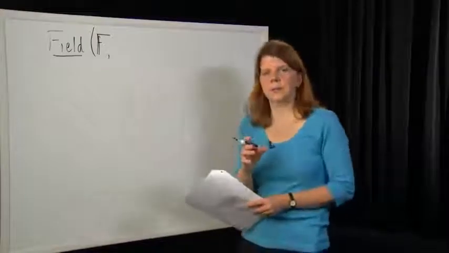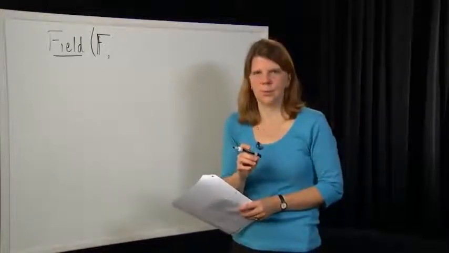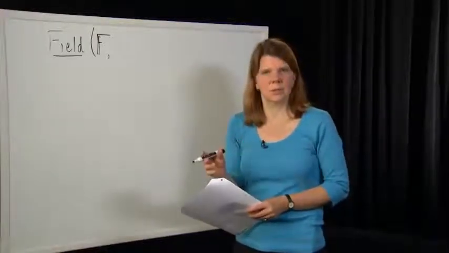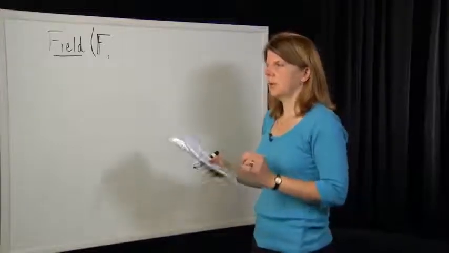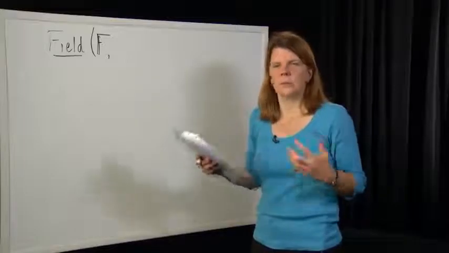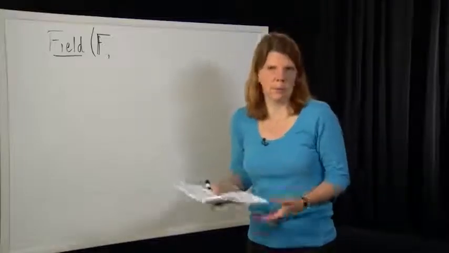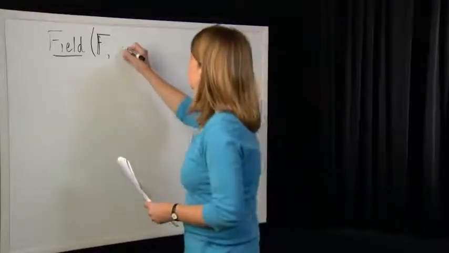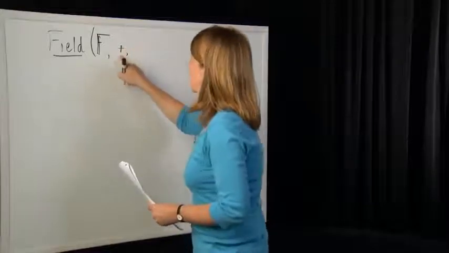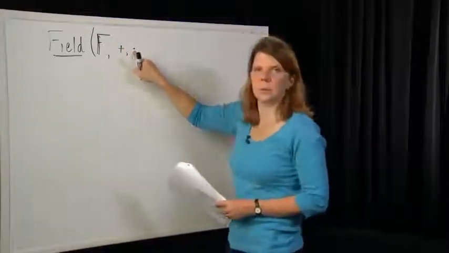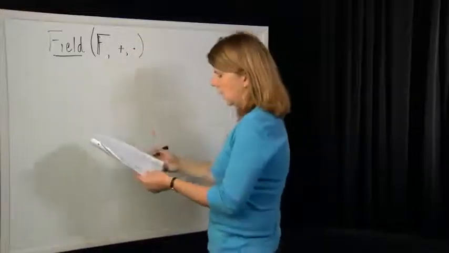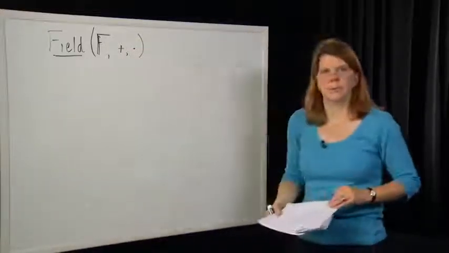And typically for fields of spaces that we're used to, this is just regular addition and multiplication. Where it becomes interesting is when we're looking at fields of objects that are not standard, that are not the usual things that we deal with, like the real line. Okay, so a set of objects, an operation which we'll call addition, and an operation, this dot, which we call multiplication. And then the following rules have to be satisfied.